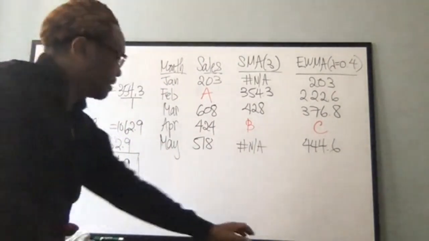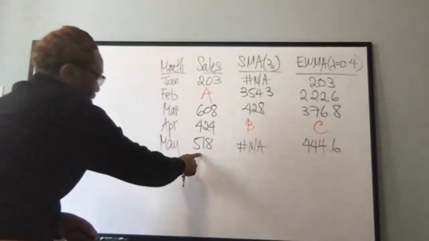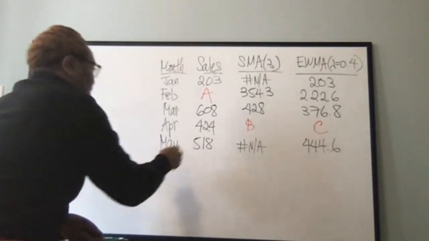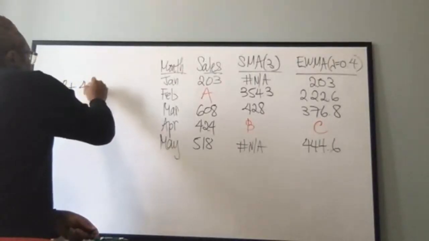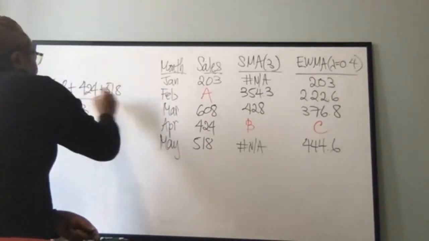Tatiana, any idea about how you think you would find B? I did the equation 608 plus 424 plus 578 divided by 3. Okay, I'm sorry, that's a 518. So 608 plus 424 plus 518 divided by 3.